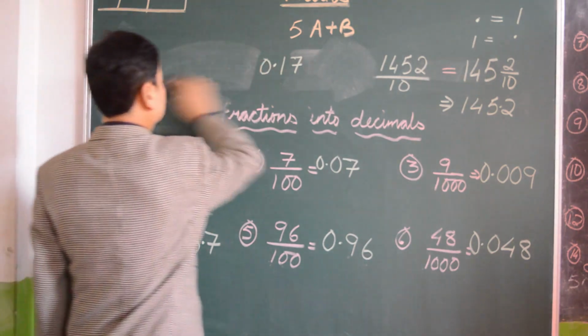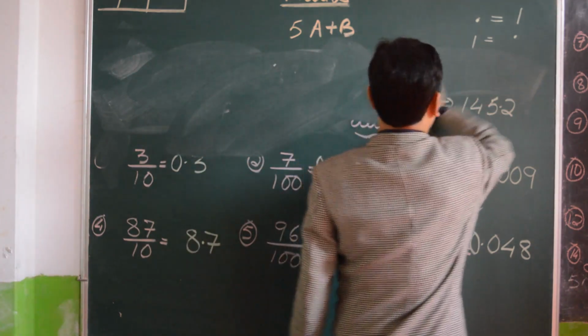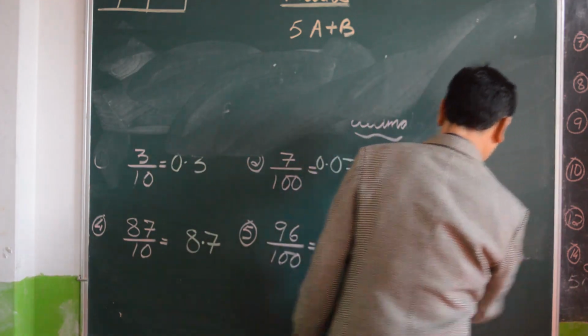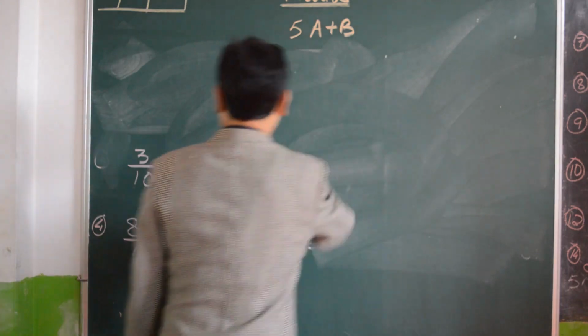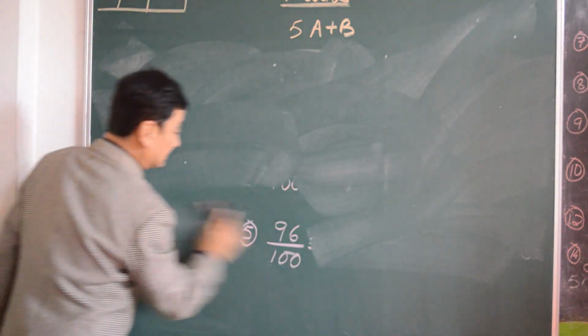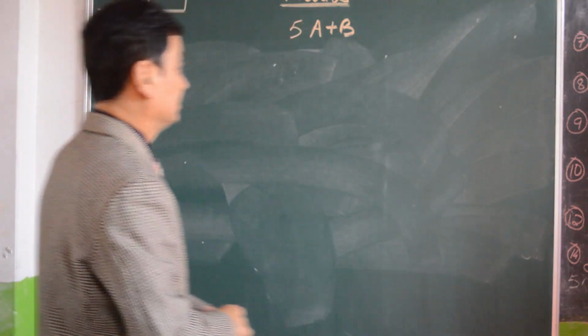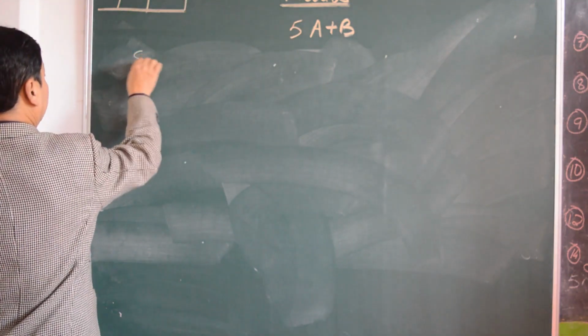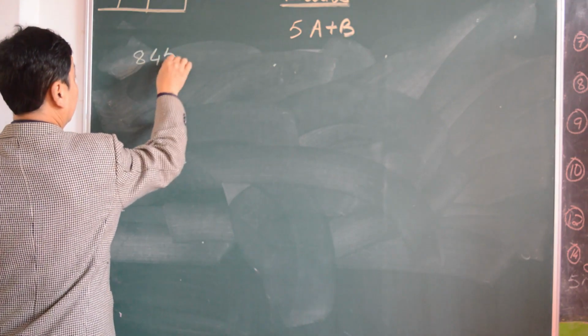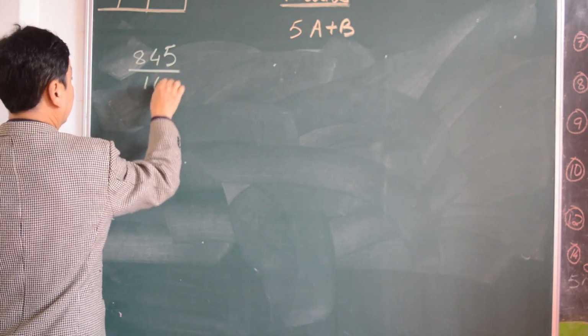Let's do some more sums. We are going to do sums that are in improper fractions also. So let's do 845 upon 10.